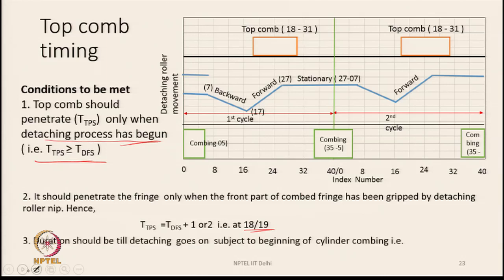How long we will continue? We will have it there. The duration should be till detaching process is going on, subject to beginning of the cylinder combing in the next cycle. So, we should hold the top comb there, till the detaching process is going on, and therefore, we should hold it there how long? Till the next combing for the next cycle begins.